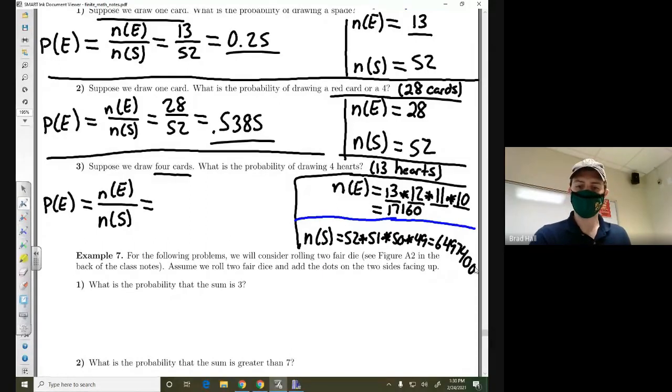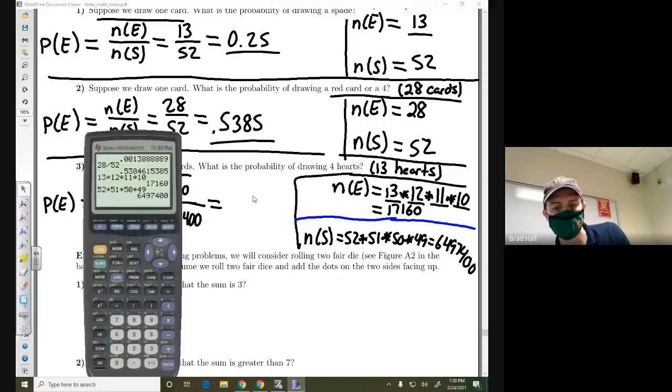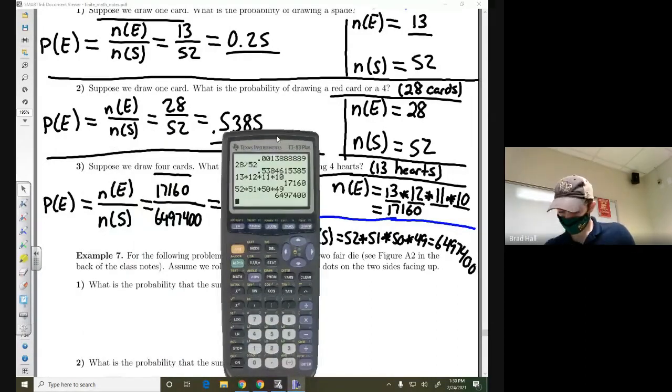So now I know what to put in the numerator. Now I know what to put in the denominator. And all together, we can throw that into the calculator. 17160 divided by the last answer.